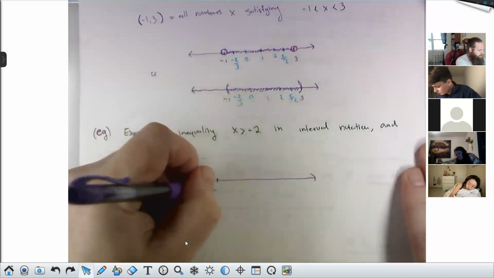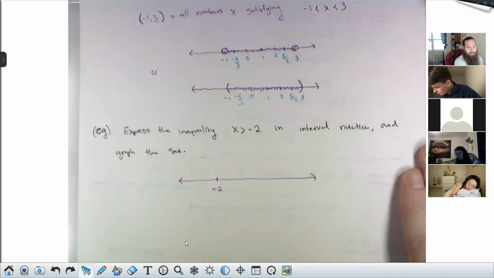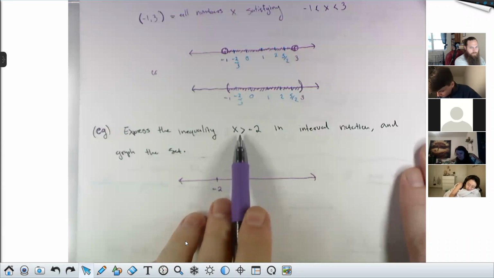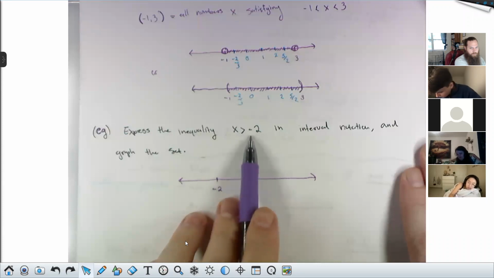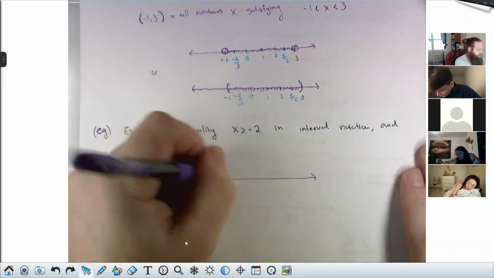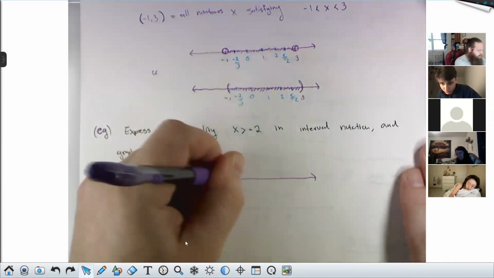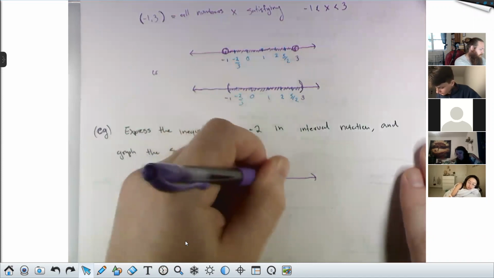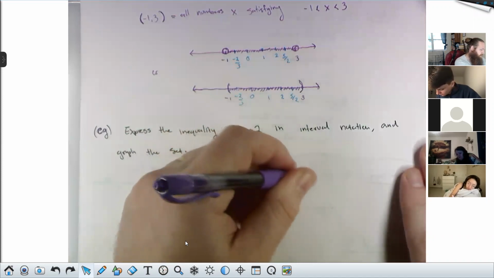Maybe I put -2 somewhere over here. And then this inequality, remember the inequality eats the bigger guy. So this inequality says x is bigger than -2. So we're looking at all the stuff that is to the right of -2. And there isn't an upper bound for this set, right?